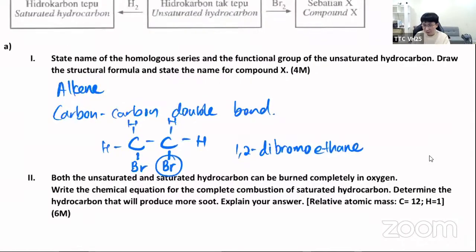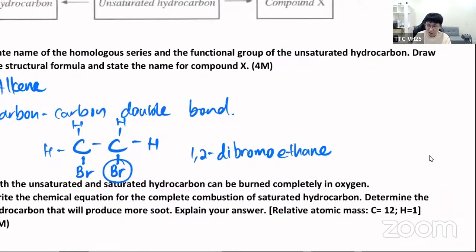Okay, the name, first of all, is to look at the overall homologous series. So the homologous series is 2 carbon alkane because it's all single bond. So it's ethane. 2 carbon is eth, alkane is A and E. So ethane, okay? Then there are 2 bromine.